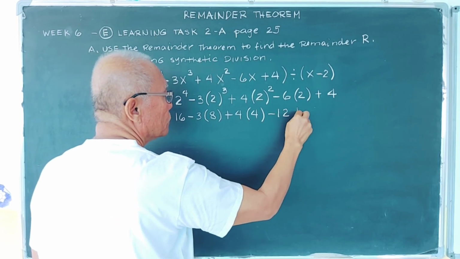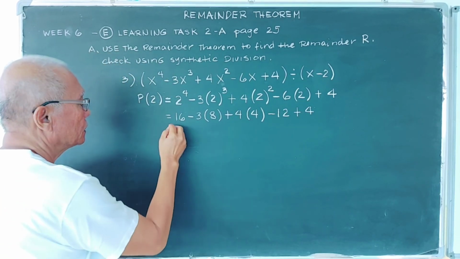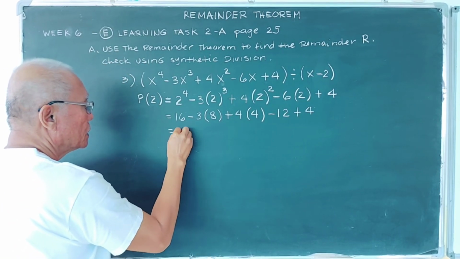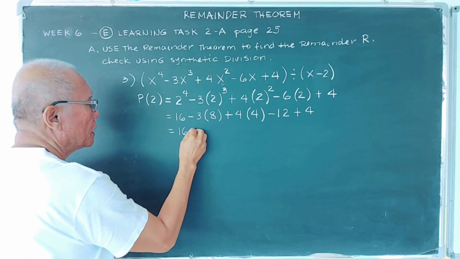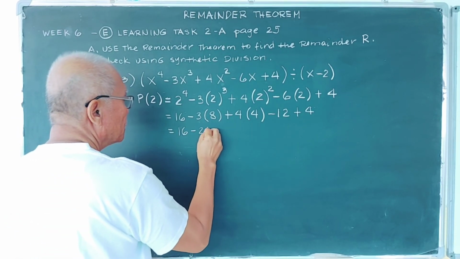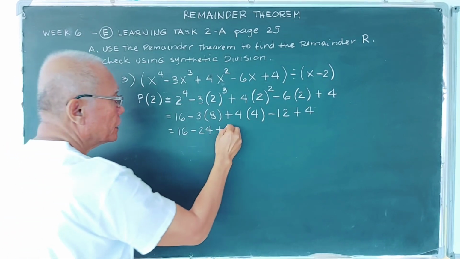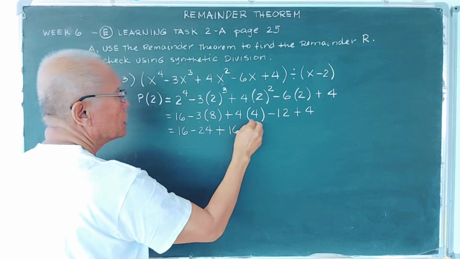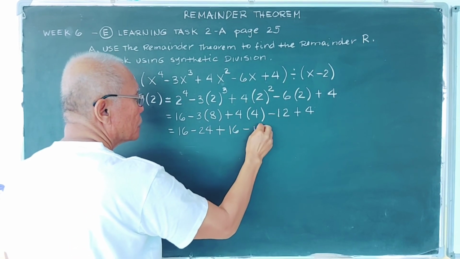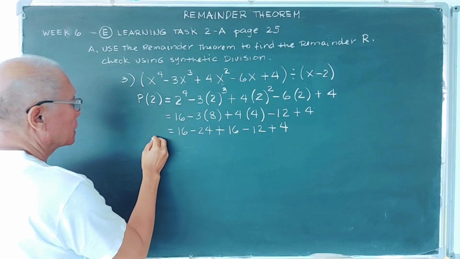Huwag kalimutan yung 4. Okay. Times na tayo. 16 minus 3 times 8, 24 plus 4 times 4, 16 minus 12 plus 4. Okay?